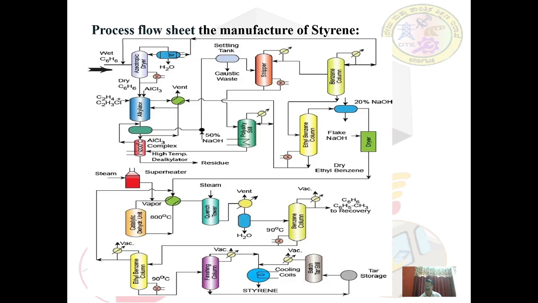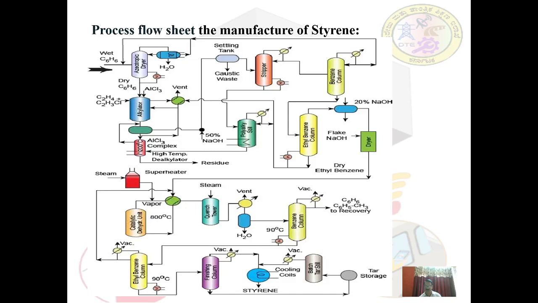The dehydrogenation catalyst is promoted zinc, chromium, iron, or magnesium oxide on activated carbon or alumina or bauxite. Here, the conversion of ethyl benzene to styrene is 35 to 40% with an average yield of 91%.